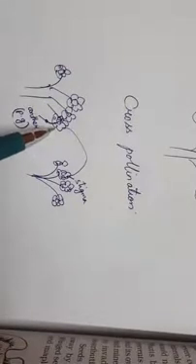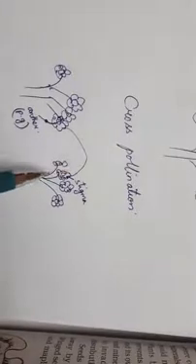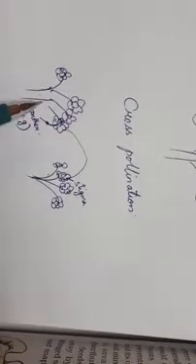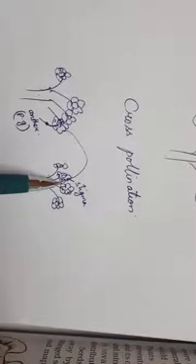So what is cross-pollination? Cross-pollination means the transfer of pollen grain from the anther to the stigma of another plant of the same kind. This is important. For example, if this is a rose plant, this also has to be a rose plant only. If the pollen grain flies and this is a rose plant and this one is a sunflower plant, and the pollen grains reach here, the pollination will not take place.